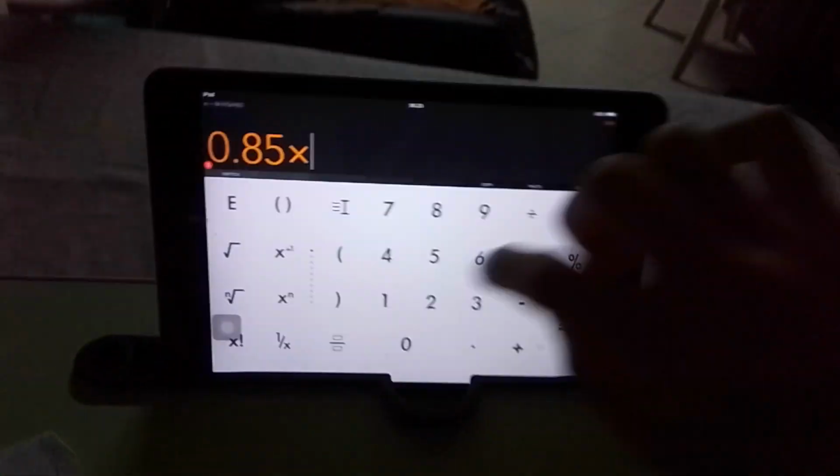Tama? Then we multiply both sides by 0.85. So tan 64 and 2/7 times 0.85 equals the opposite. Alright? So this is already how it will go.